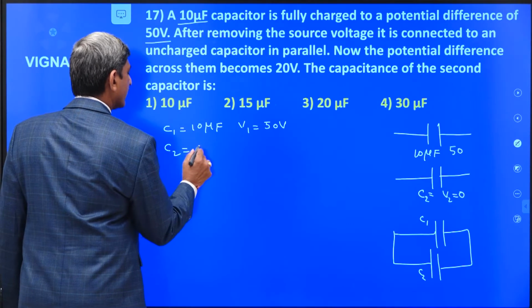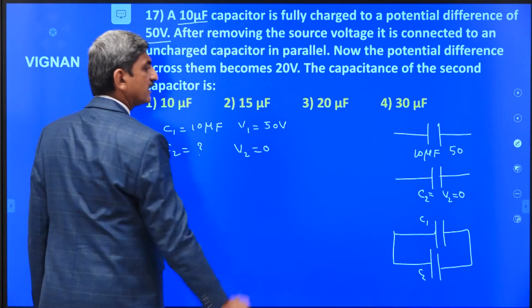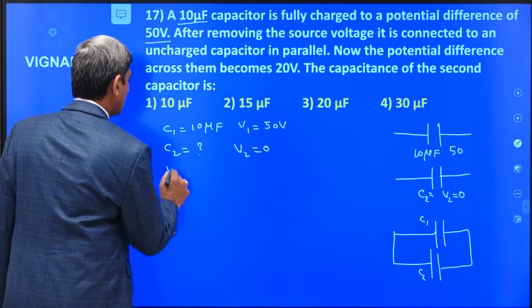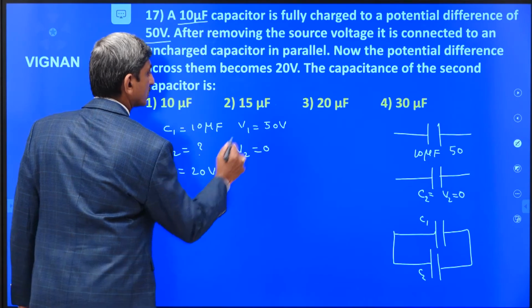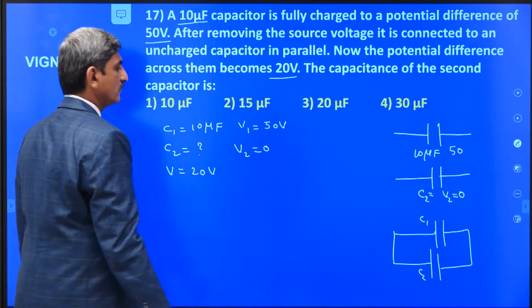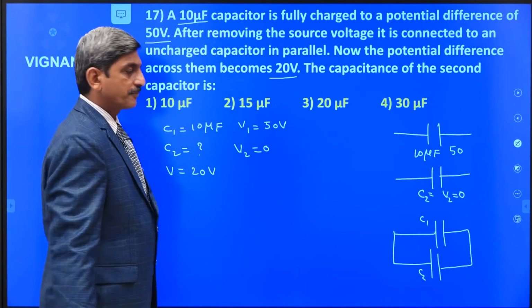C2 is not given, which is to be determined, and V2 is given as 0. Why? Because the second one is uncharged, and the common potential is also given, which is equal to 20 volts. Now we want to determine the capacitance value.